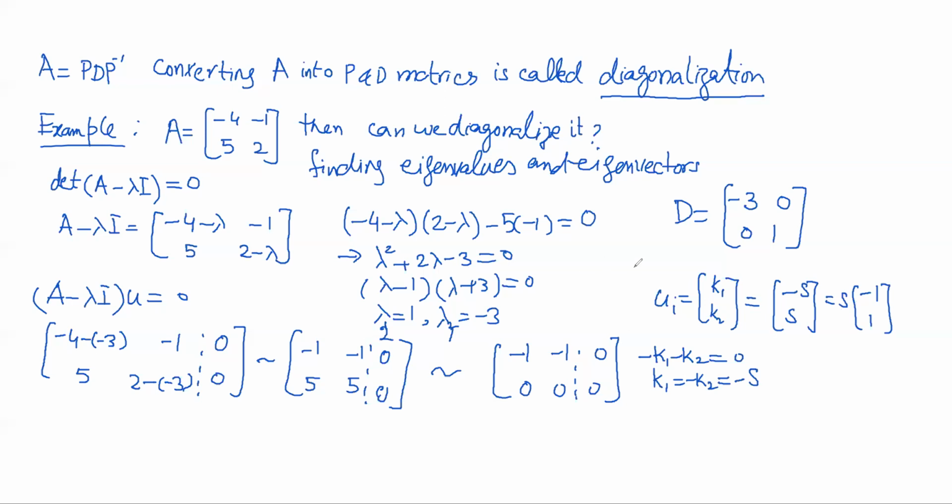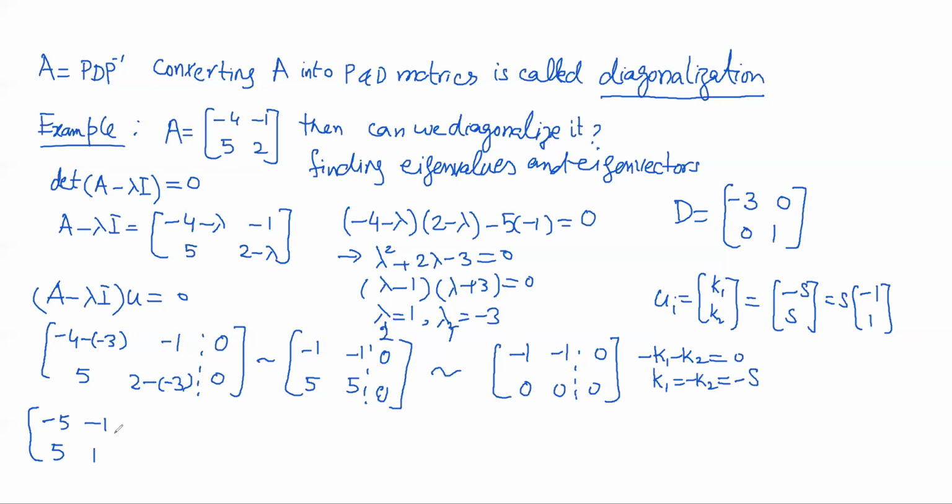The other eigenvector we get from the other eigenvalue. Here we have used the eigenvalue lambda 1 equal to minus 3. If we use the second eigenvalue, which is 1, then A minus lambda I will be minus 4 minus 1, that is minus 5, and then minus 1, and then 5 here, and then 2 minus 1, that is 1.